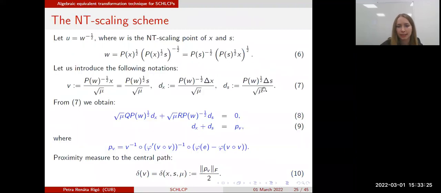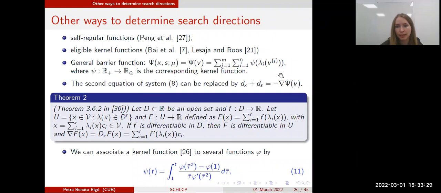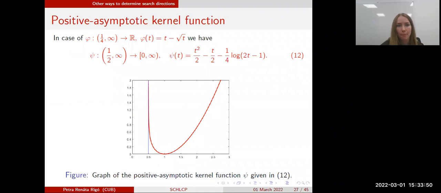So the right-hand side here can be replaced by this one, and then we can see that we can associate kernel functions to several AET functions phi by using this. And in our case, when we use the function t minus square root of t, then we obtain the following kernel function.